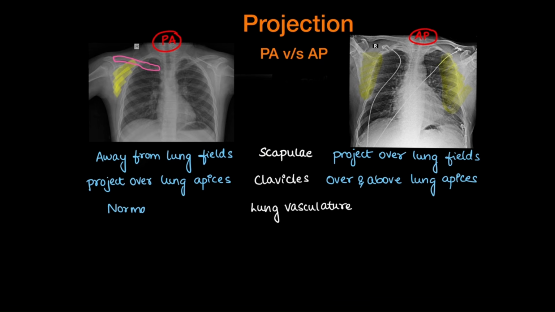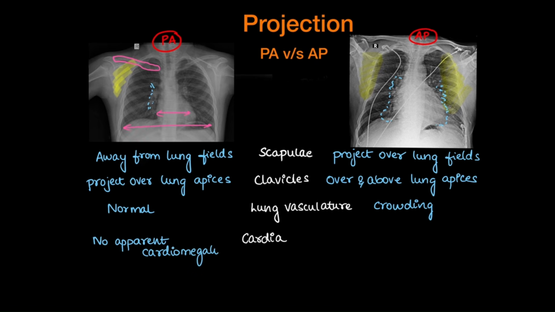The lung vasculature, when you observe the hila, is normal in PA. Apparent crowding is there in AP view. And next, the cardia. No apparent cardiomegaly is seen in PA view and apparent cardiomegaly is seen in AP view.